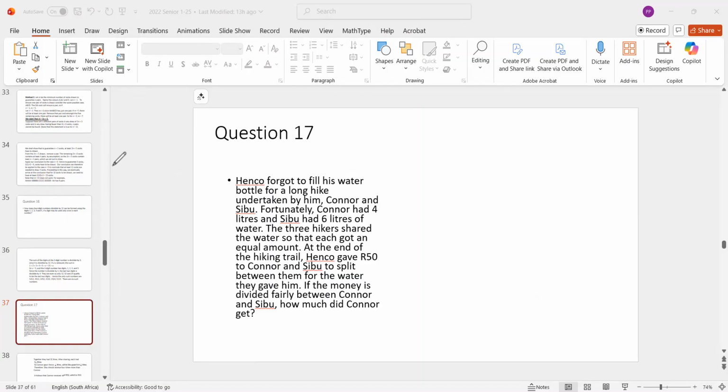Fortunately, Connor had 4 liters, so C is 4, and Sibu had 6 liters, so for S we make this 6.